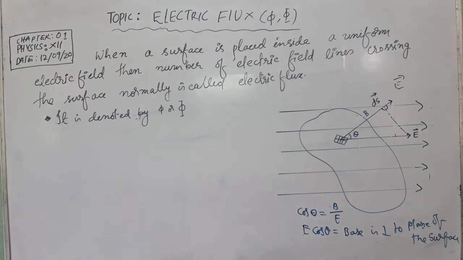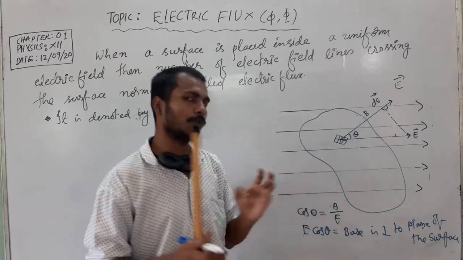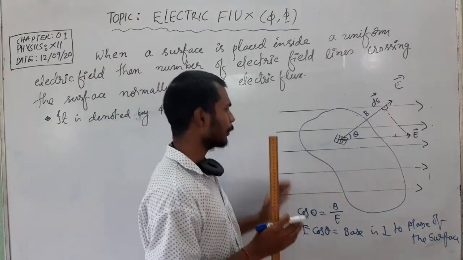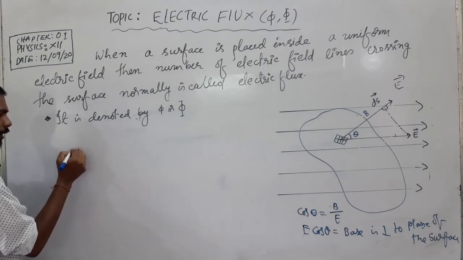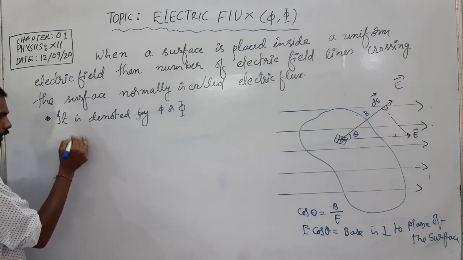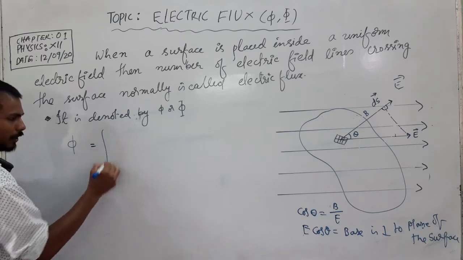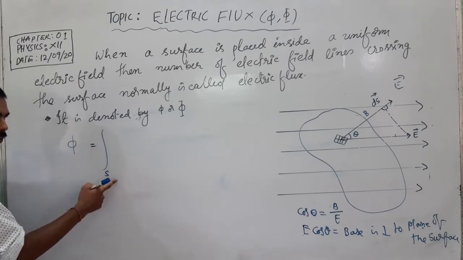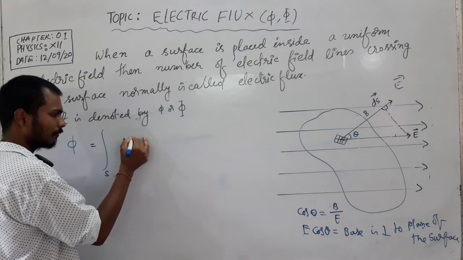Now if you want to find the flux through the total surface, then what you have to do is integrate the previous formula. The flux due to a small element is d phi, and the total flux is phi. Phi is equal to the surface integral of d phi.